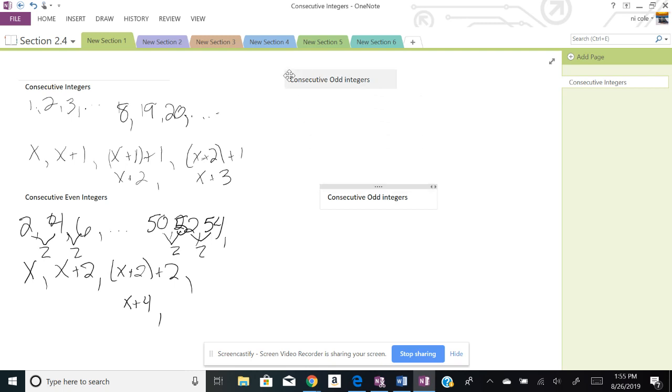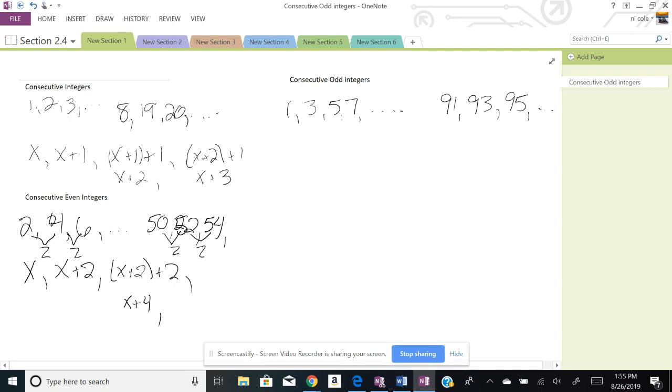Actually, I want to move this up here. Consecutive odd integers. Well, I would think that would be like 1, 3, 5, 7. It could be 91, 93, 95. Again, they just have to end with an odd digit, and 1, 3, 5, 7, they continue to go up.